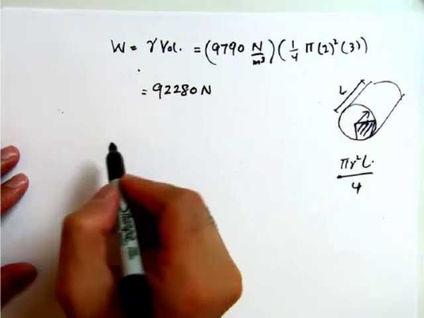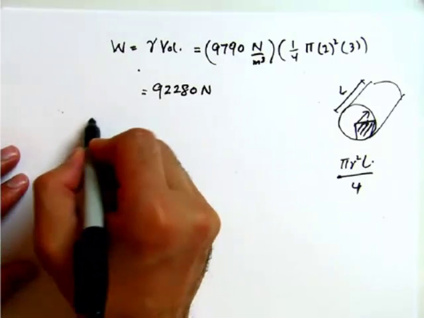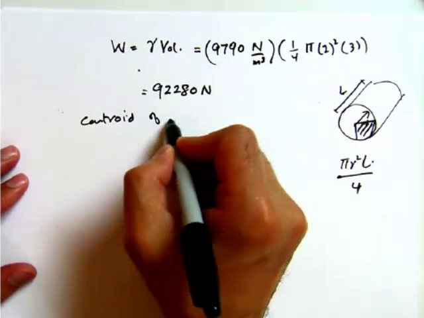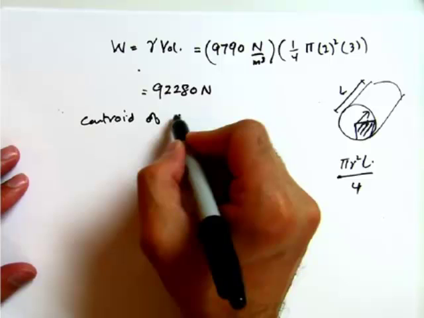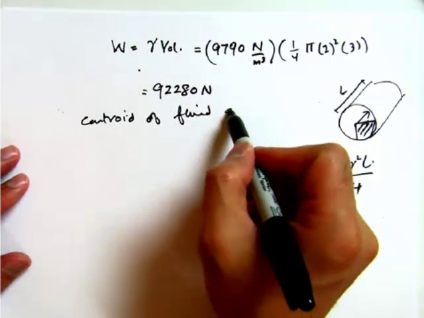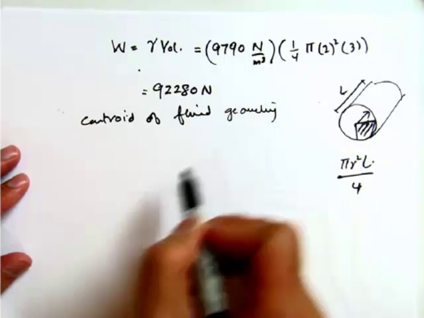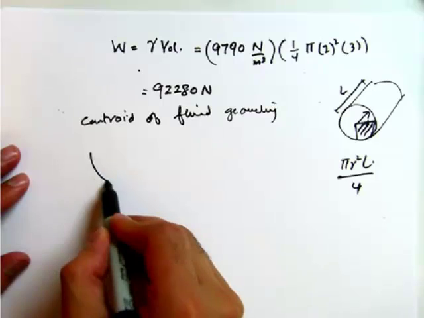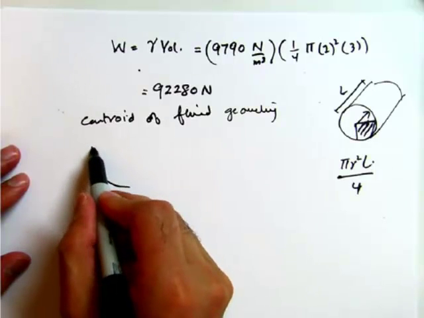Once I have this weight, this weight is acting at the centroid of the fluid geometry. The geometry looks something like this.